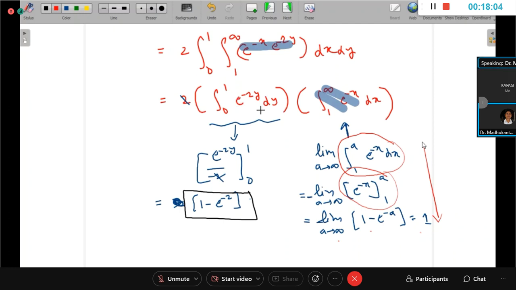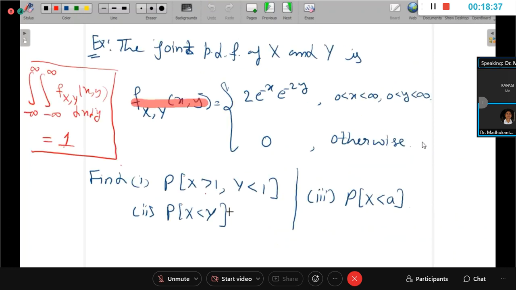Now only the remaining e to the power minus 2y dy is left, and this is not an improper integral; it is a definite integral because none of the limits is infinity, and inside the interval it is a well defined function. So you can integrate easily: e to the power minus 2y divided by minus 2, and put upper limit minus lower limit. So you are going to get the following. This is the final answer for this one. This is how you will handle the first problem.